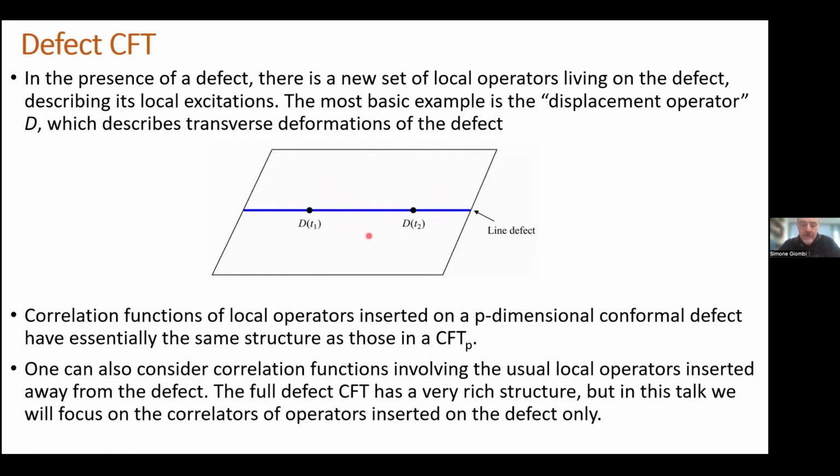Now, the full structure of the defect CFT is much richer because one can also consider, in addition to things inserted on the defect, operators away from the defect. And those have quite a rich structure. But for this talk, I'll focus just on insertions on the defect itself. And then the structure is similar to that of a CFT, but restricted to that submanifold of the CFT.